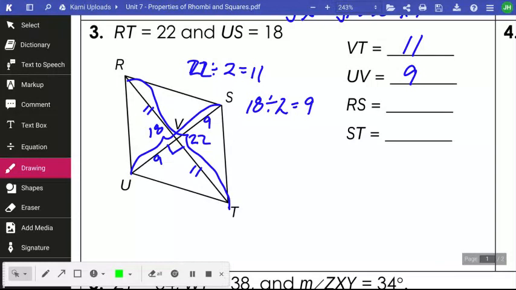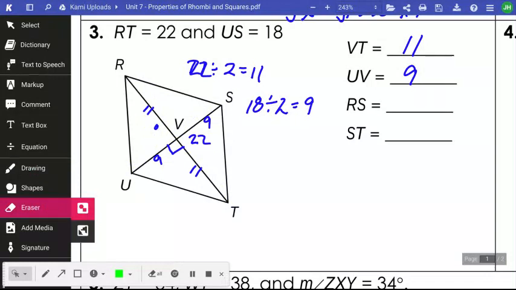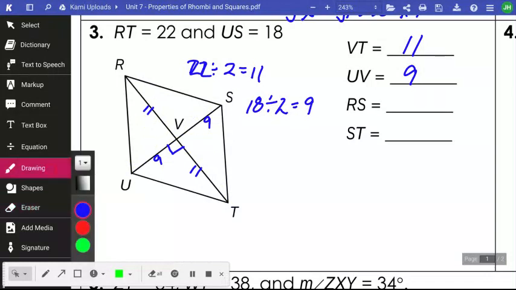Now RS, I'm going to erase these parts here that I don't need right now. RS is this diagonal here, which is part of this right triangle. And I know 2 of the 3 sides of this right triangle are 11 and 9. Benefit to this, we don't have to do the subtraction we did before, because I know the 2 legs, the 2 sides attached.